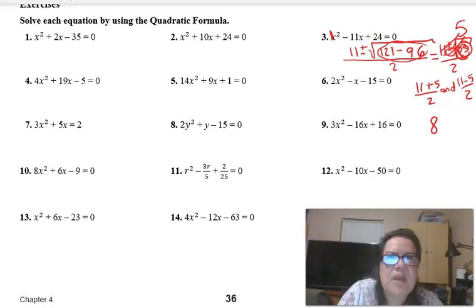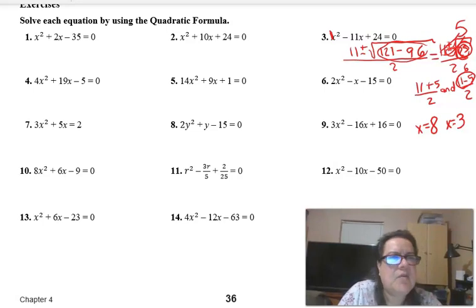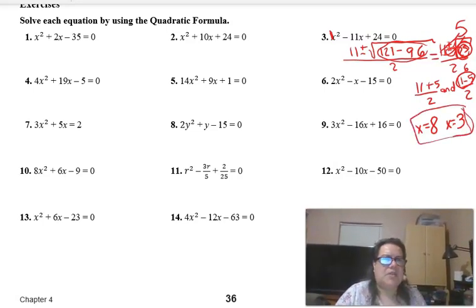So that's one of my possible solutions. So x equals 8, or x equals 3. 11 minus 5 is 6. 6 divided by 2 is 3. There we go. So these are my two solutions for that particular problem.